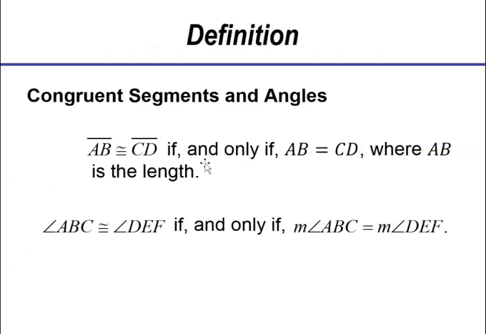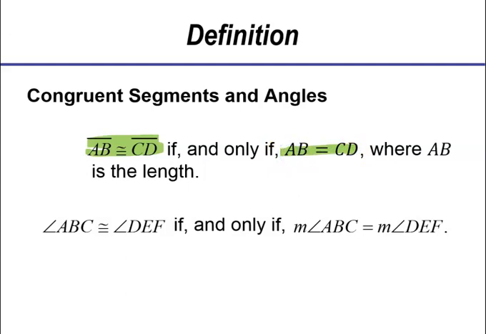So definition this time, congruent segments and angles. So notice the notation here. Again, congruent segments, these are line segments we're talking about. So line segment AB is congruent to line segment CD if and only if, remember that means you can read it both ways, AB equals CD. Now you need to know that this notation, AB equals CD, is their measure. So the length.